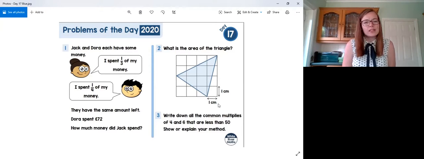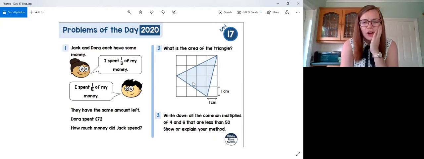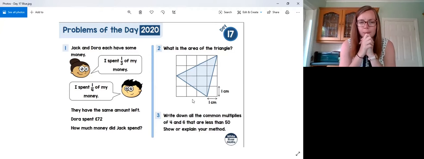But how do we get to the triangle? Because the triangle is cutting up these squares in all different patterns and proportions. So I can't just count the squares because this chunk isn't as big as this chunk, or that's smaller than that chunk. So that's not going to work.